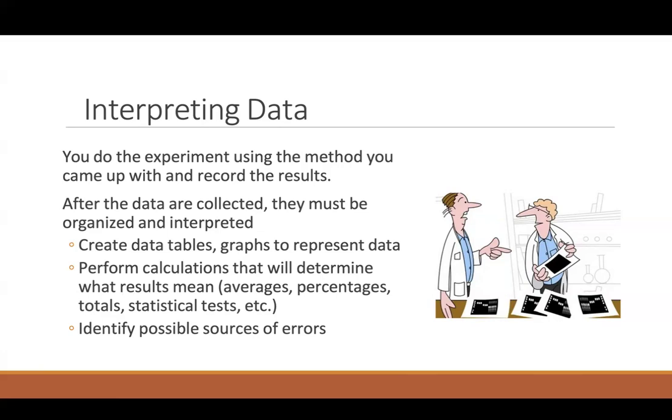That's much more difficult for us to find meaningful trends. We might perform calculations that will determine what results mean, like figuring out the averages, percent statistics, and we might identify possible sources of error that could introduce ambiguity into our results. So all of these things are part of interpreting, making meaning out of data.